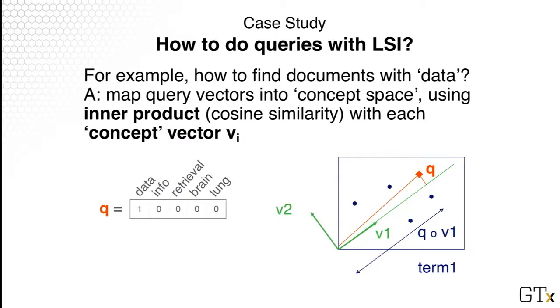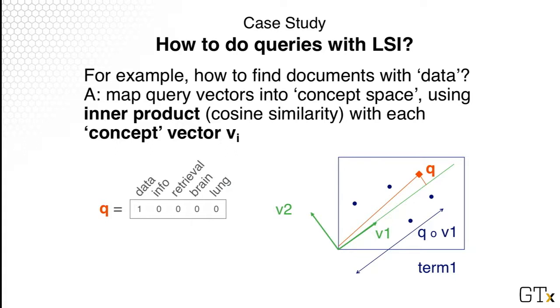So first, we would want to represent our query, the word data, as a vector, essentially putting it into the vector space model. So that means now we have 5 words, right? So we would set the first entry to 1, for data, and then all the other entries to 0.